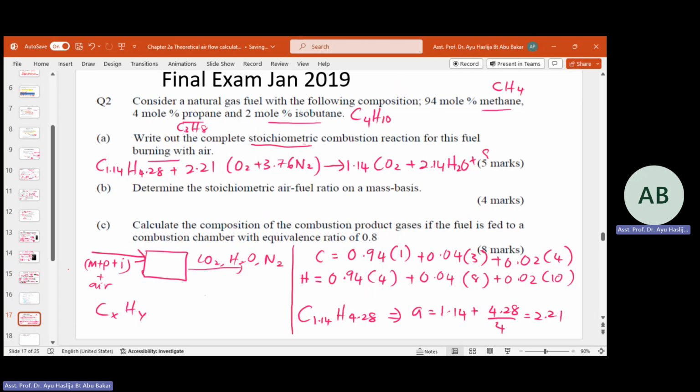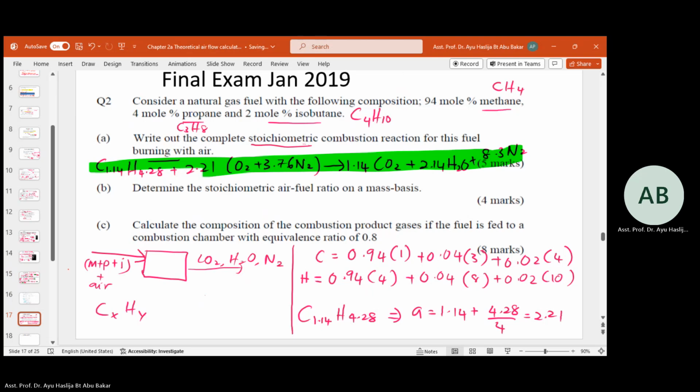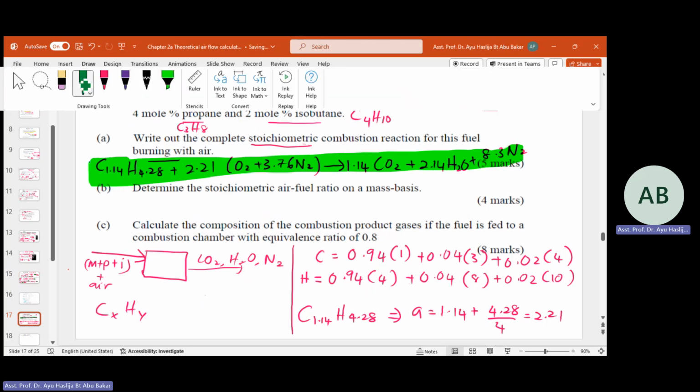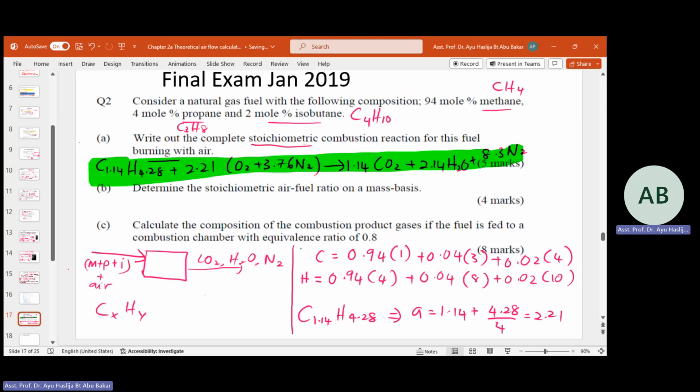So you can dapat 8.3 lah. Betul? Okay. So ini jawapan untuk A, the final answer. But in order to get to this answer, the first step is to find the new mixture chemical formula, then find the A. Then only you can generate the final equation.